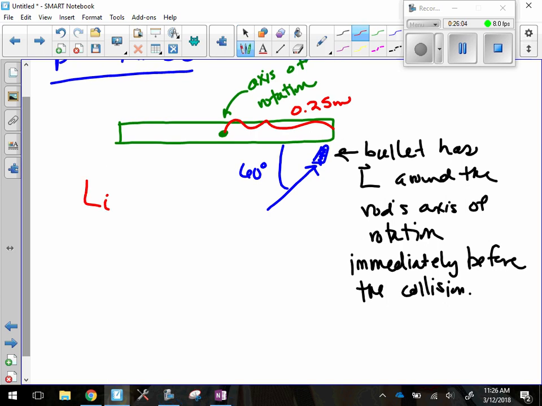So again, I have that my initial momentum is equal to my final momentum. My rod can have an initial momentum, and my bullet has an initial momentum. And they also have final momenta too.